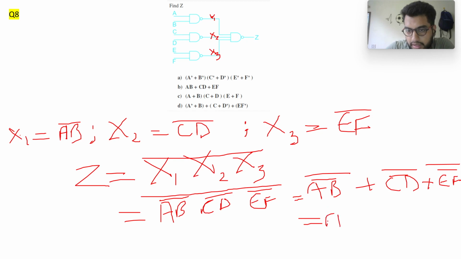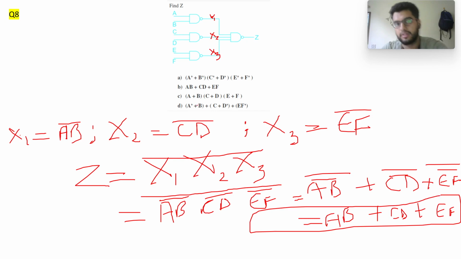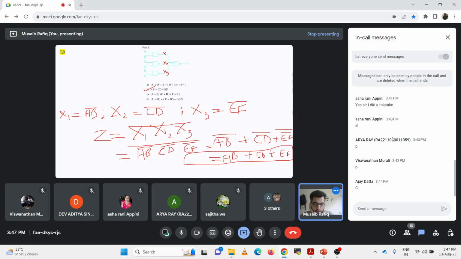So this is AB plus CD plus EF. So option B, as some of you had already written in the chat box, is the correct option. One of the students had written C. I hope you got how it's option B.